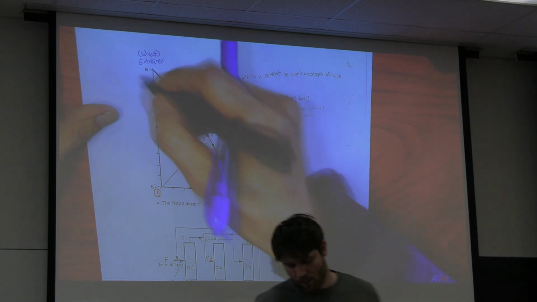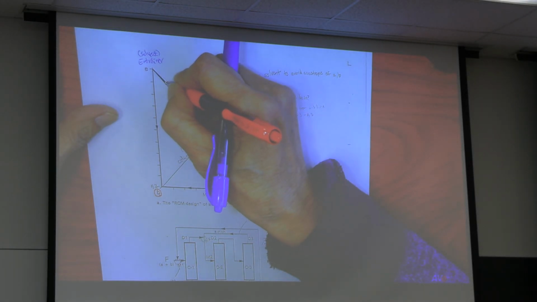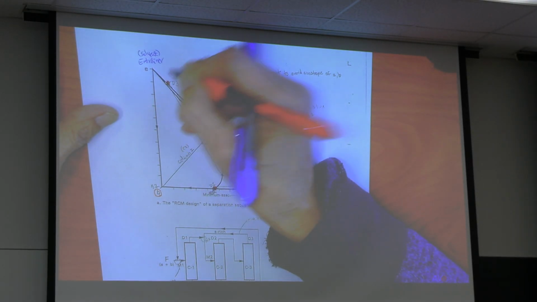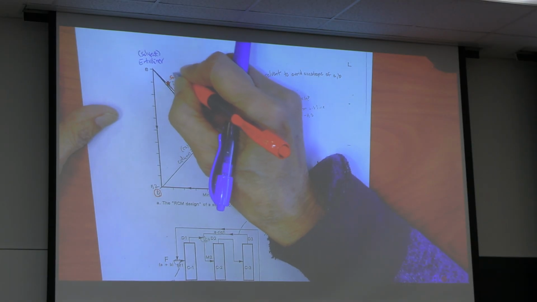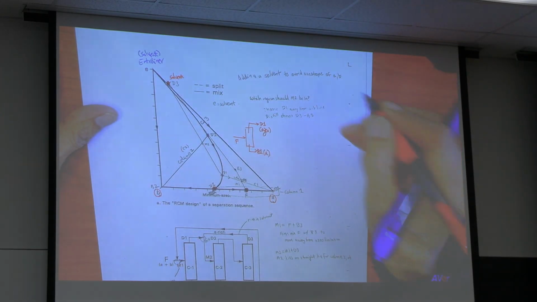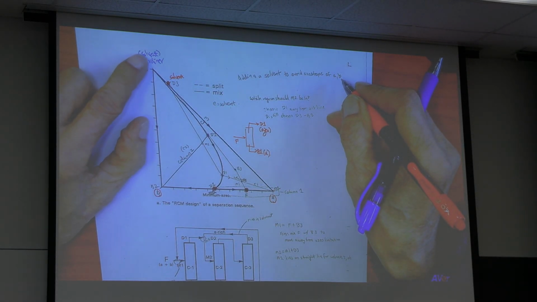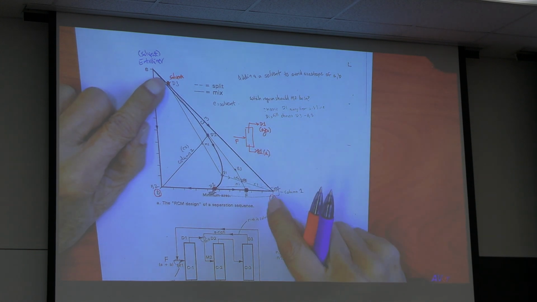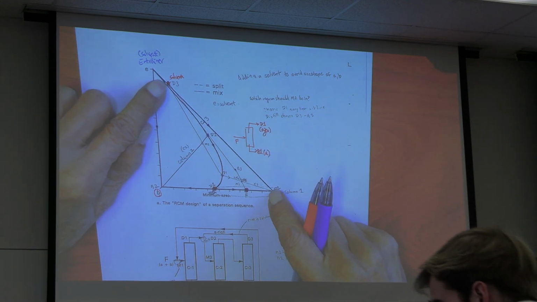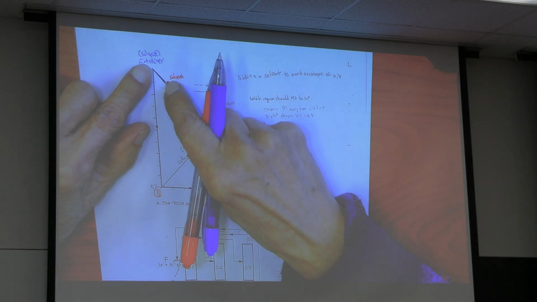You look at here, there's a point that could be my solvent. What is the composition of this solvent? Pure solvent is represented by this distance, about 85%, right? A, tiny amount.